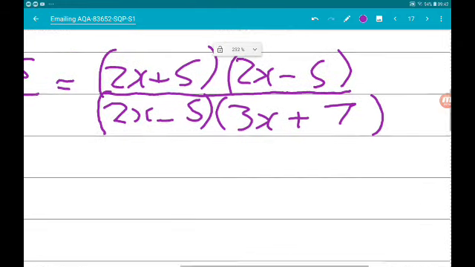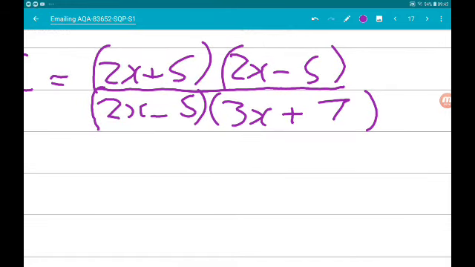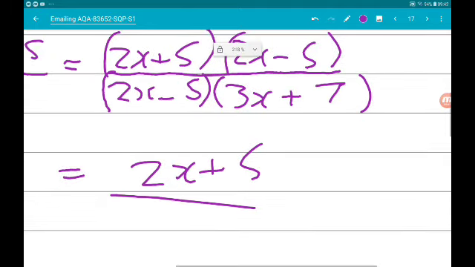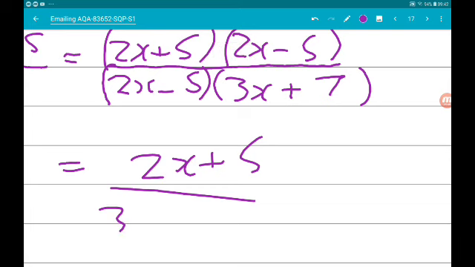So now, on top and bottom, we have a common factor of 2x minus 5. So they cancel out, and we get left with 2x, add 5 over 3x, add 7. Cool.